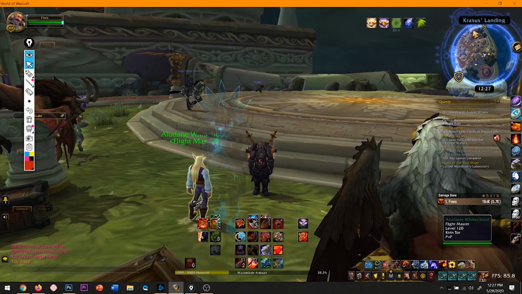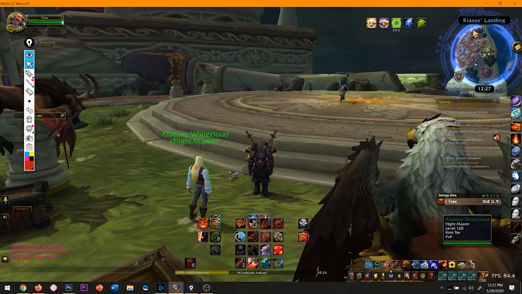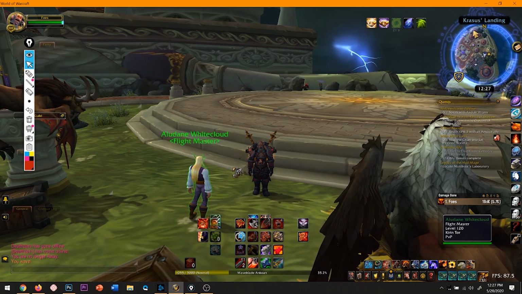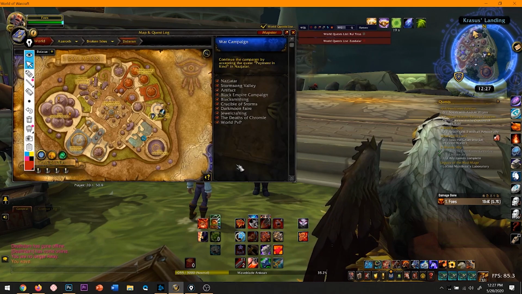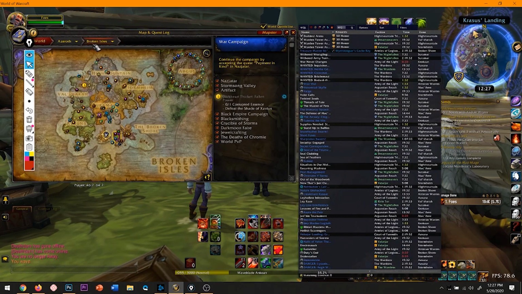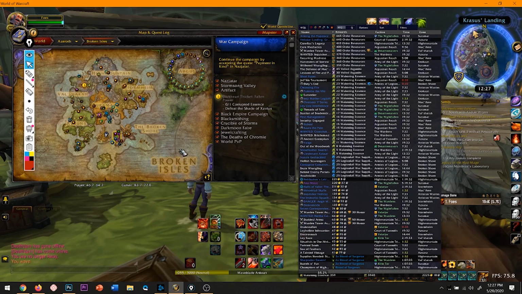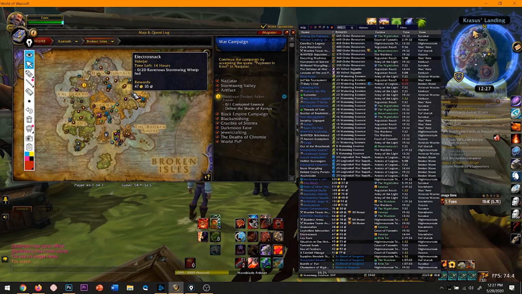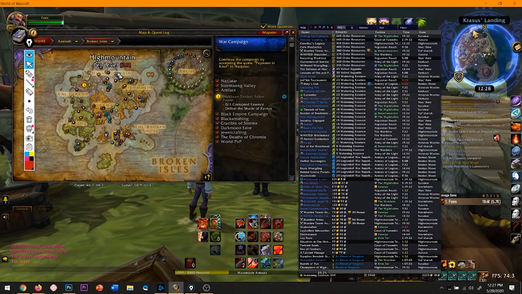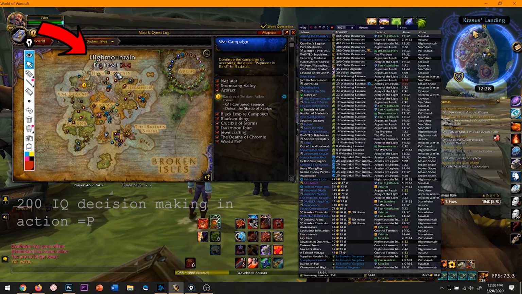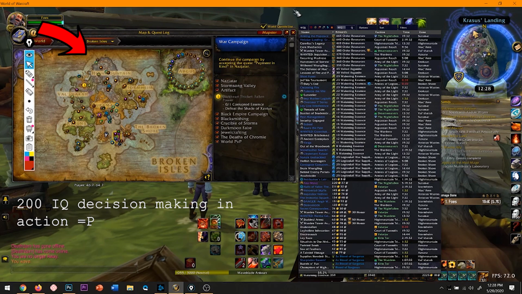All right, so we're going to go to somewhere where it has mountains. So let's look at our map. Well, it looks like the obvious choice. There's mountains here, but this one is actually called High Mountain. So let's check that out.